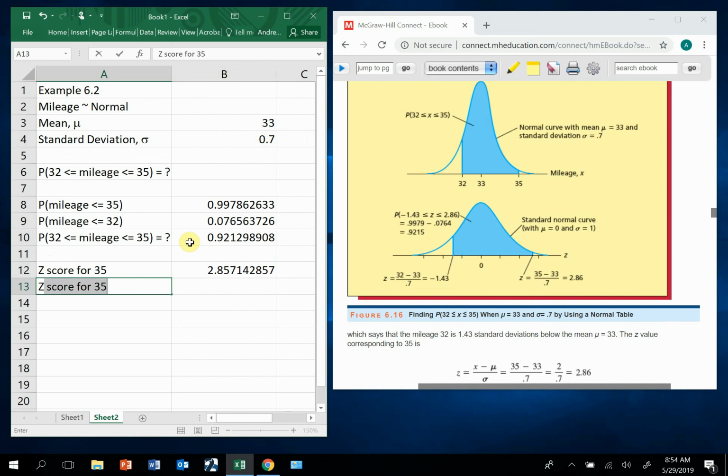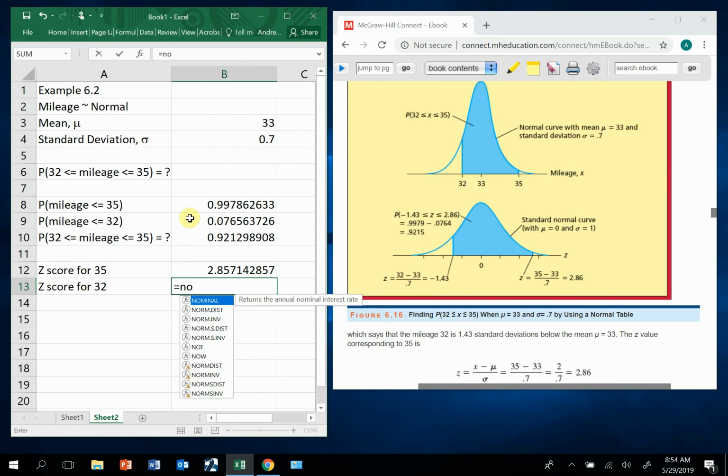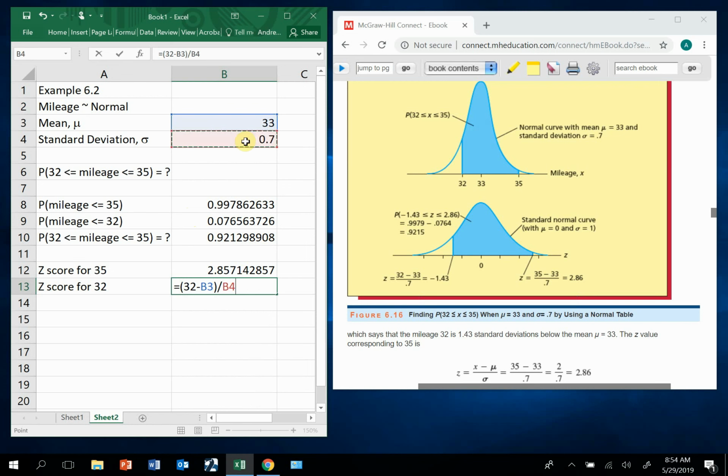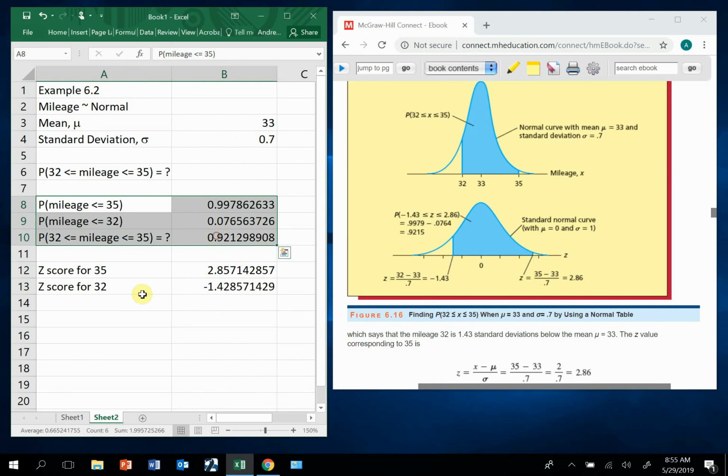And the z-score for 32 is the same thing: 32 minus my mean, divided by my denominator. That's what these numbers come up with here, 2.86 and minus 1.43. And then I could use the same technique.